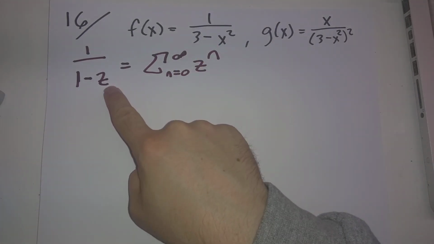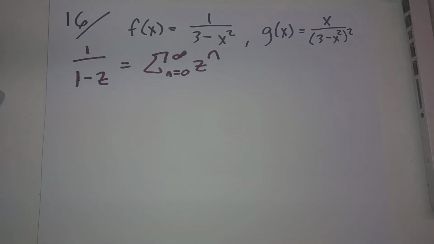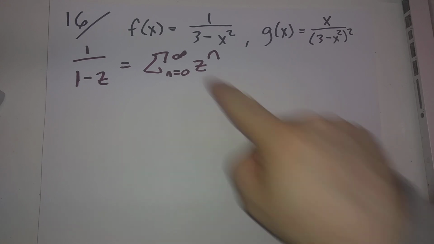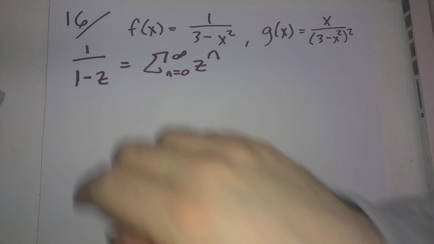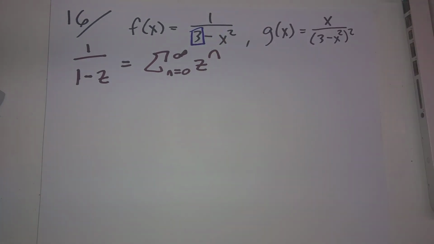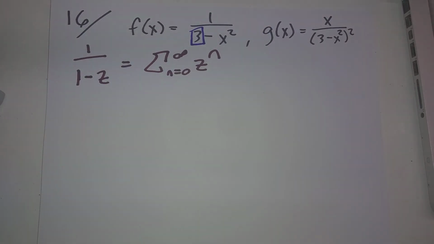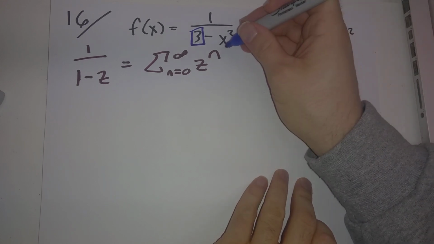I could have put an x instead of z here, but I'm going to substitute in for this later, so using different letters will make the substitution a little bit more clear. The big thing that we have to worry about right now is that 3 right there. That absolutely has to be a 1.